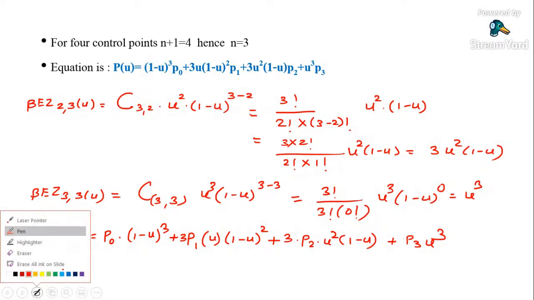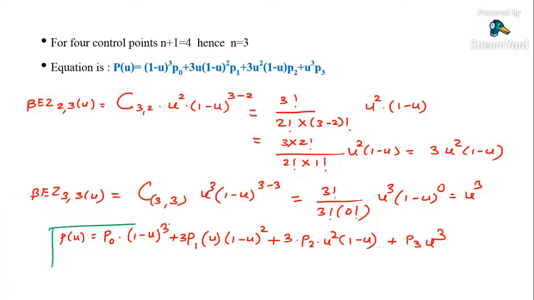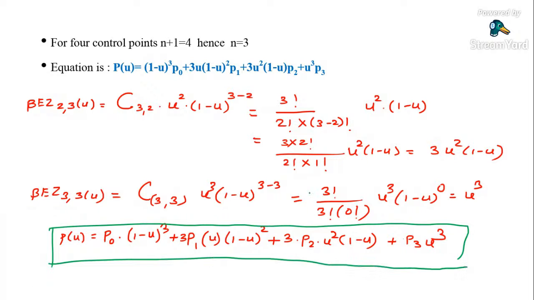So this is the equation for 4 control points. So here is the equation: P of u is equal to 1 minus u cube times P0 plus 3u times 1 minus u square P1 plus 3u square times 1 minus u P2 plus u cube P3. Right? So this equation can be used to calculate the Bezier curve, or to draw the Bezier curve, by using 4 control points.